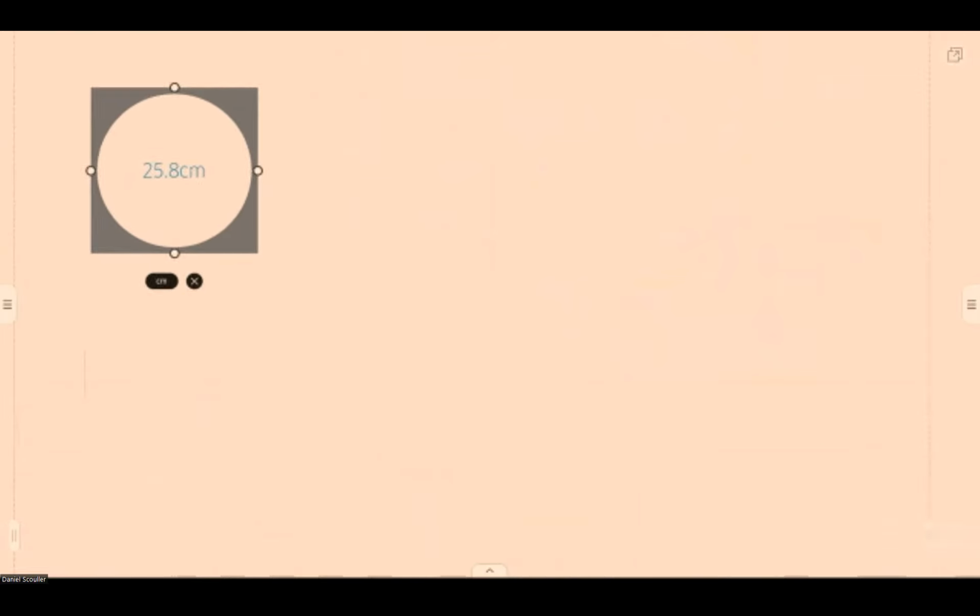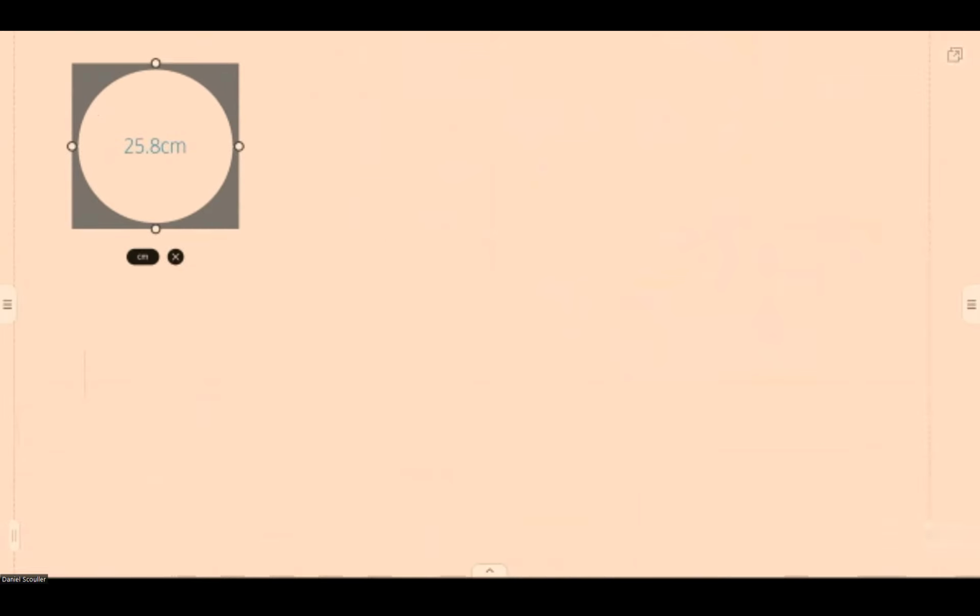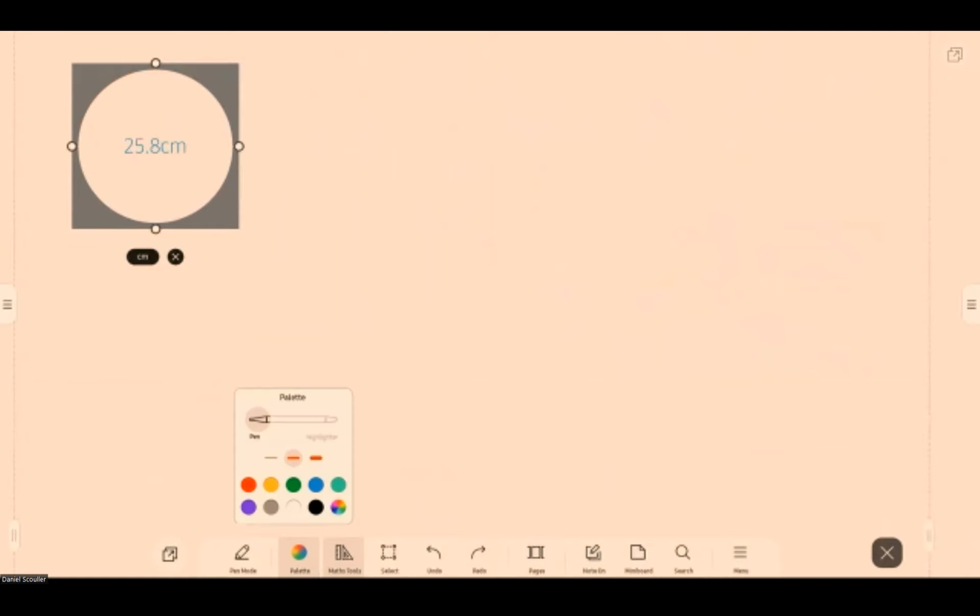Put that into a question. That's maybe the cross section of an oil tanker.